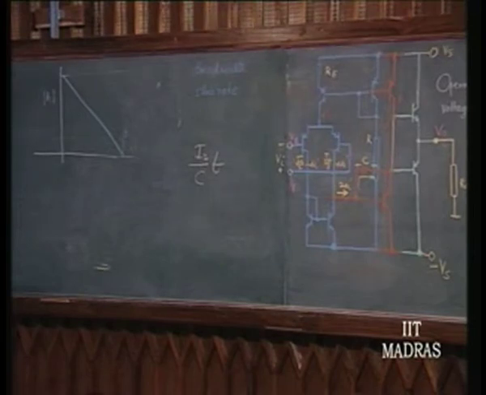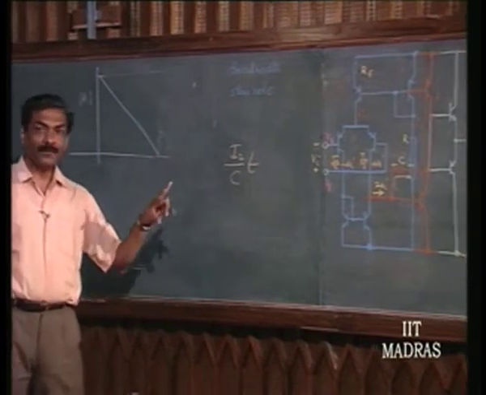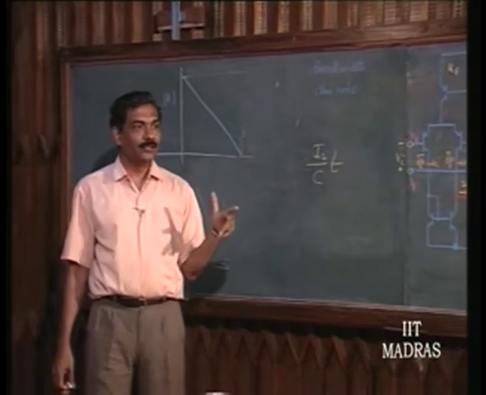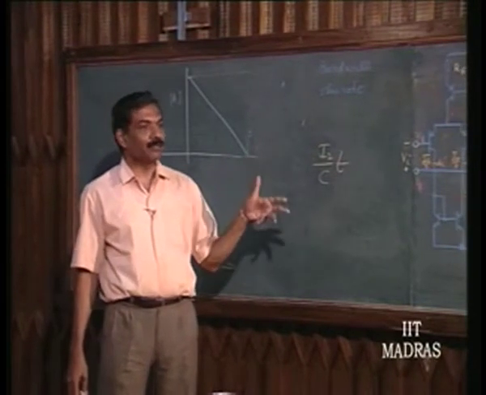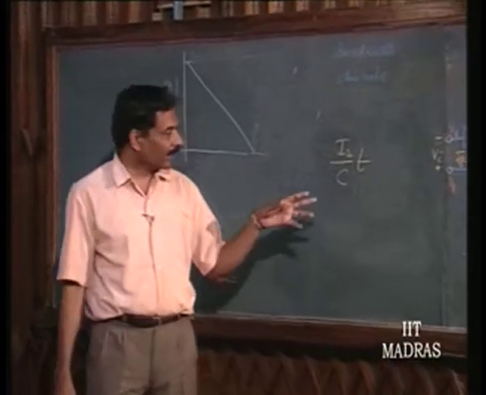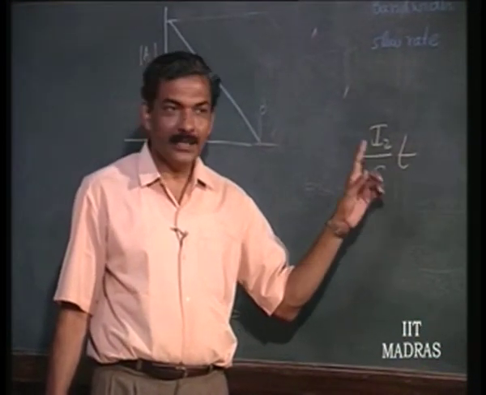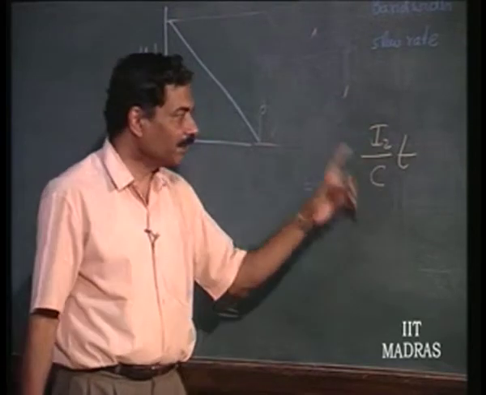So, I2 is a constant. So, I2 by C into T. That means, after this the op amp gives up, says look, you are demanding too much from me, right. I cannot increase at a rate higher than the rate which is I2 by C.